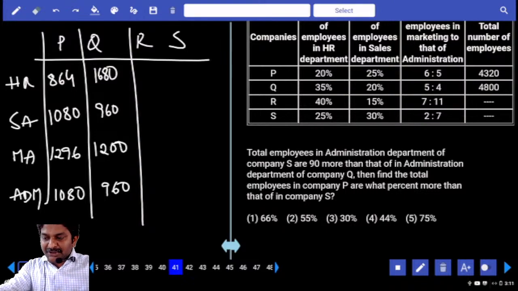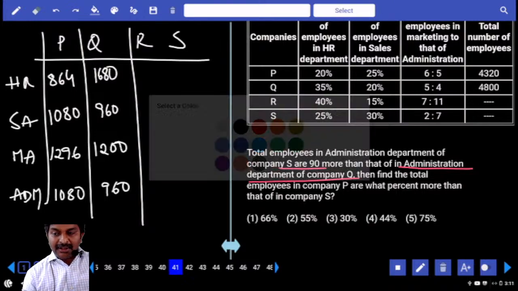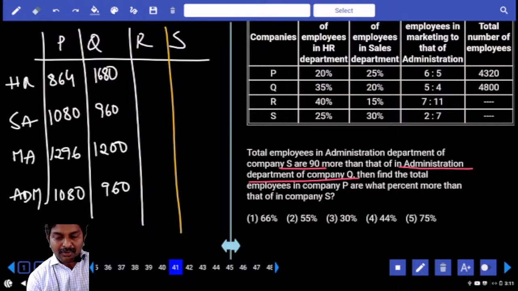Total employees in the administration department of company S is 90 more than that of the administration department of company Q. Administration company Q, how many do we have? 960. Now they are talking about S. If you have 90 more, it is going to be 1050.